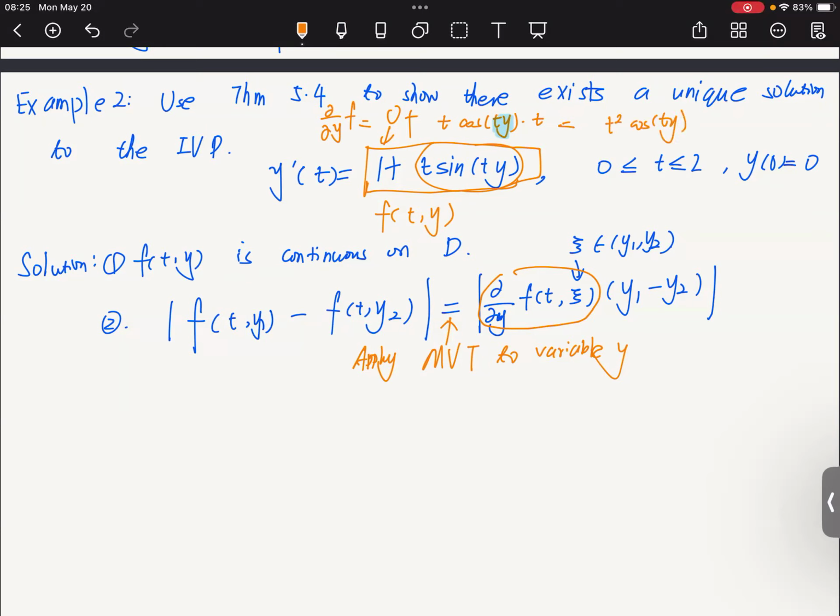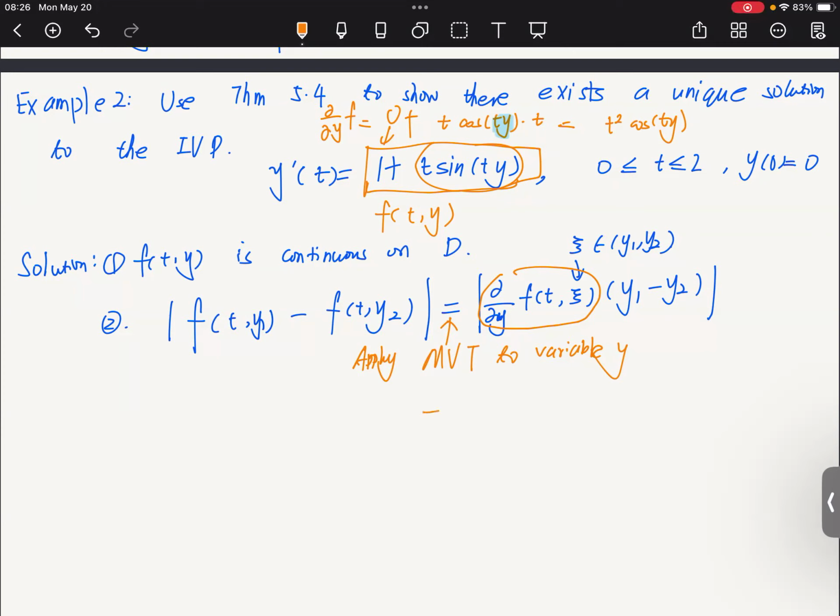I would like to remind you of what we are using here. This is a composite function, so to calculate the derivative, we take the derivative of the sine function, times the derivative of the inner function. Now we evaluate this at c, which means we replace y with c.